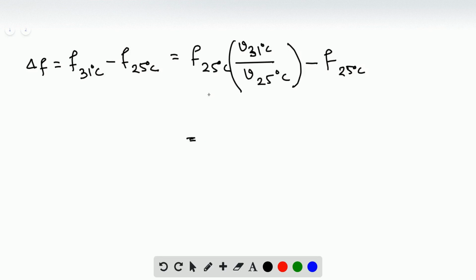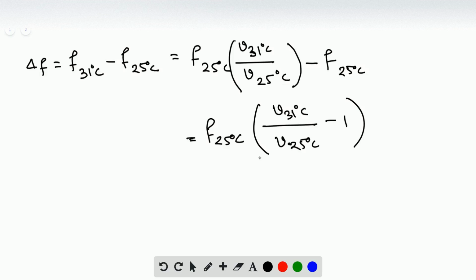So if we take the frequency at 25 degrees Celsius out, we'll get this expression. And now, since we know all the numbers, we can easily put them in. To get these two velocities, we can look at section 12.1 and find a relationship between velocity and temperature.